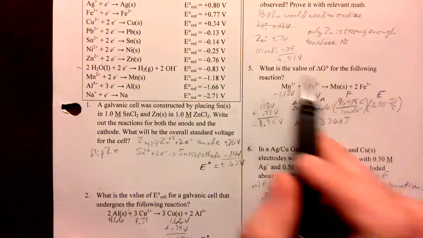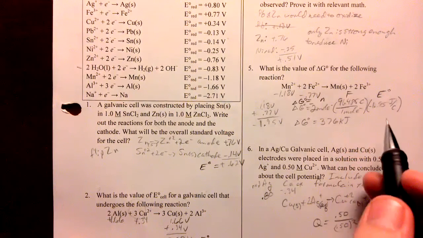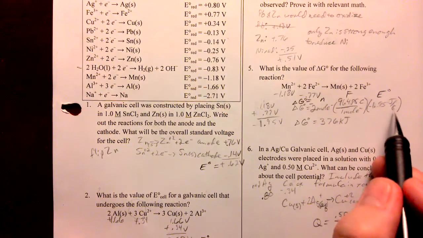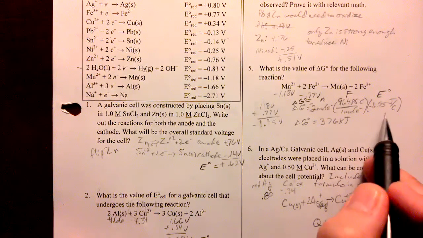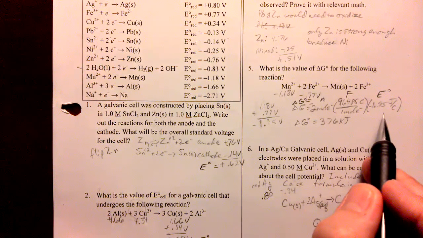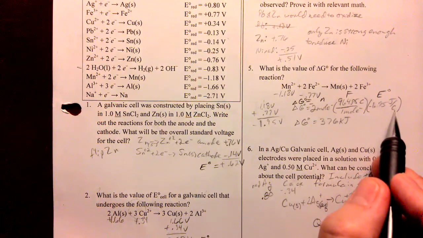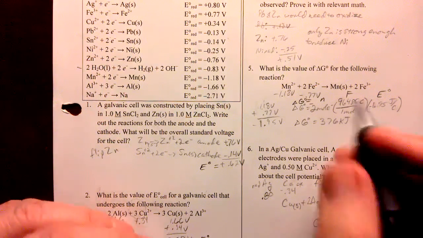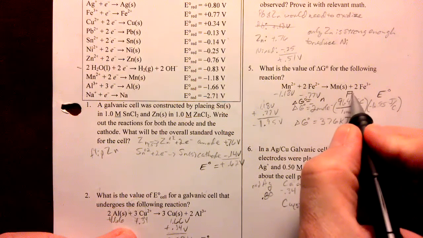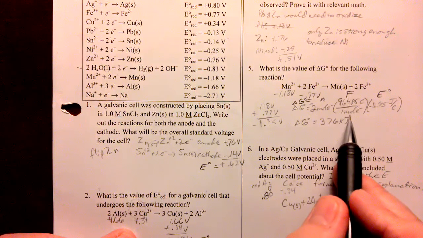Yet, when we say E standard here, it's in volts, and a volt is a joule per coulomb, and they absolutely think you know that. Your canceling will not work. Some realizations probably will not happen if you don't know that a volt is a joule per coulomb. A coulomb is just another group of electrons like a mole is, except obviously it's a lot smaller, because look how many coulombs it takes to be equal to 1 mole.